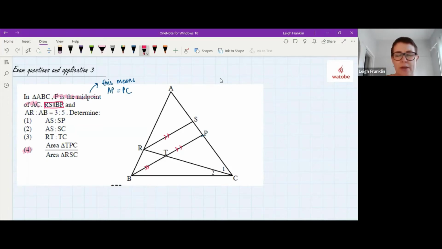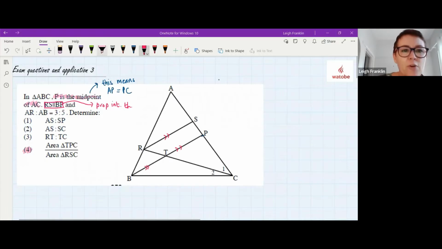What should we start thinking about? It means we need to start thinking about proportionality, intercept, theorem. Okay, so probably, yes, exactly, Jamie. There's probably something going on with proportionality in this question.